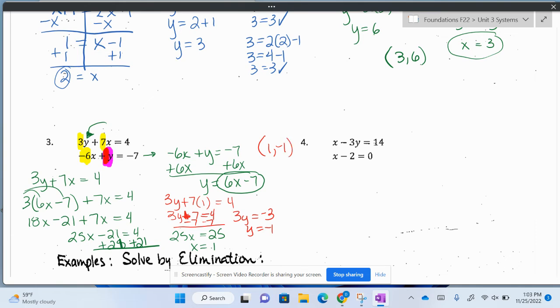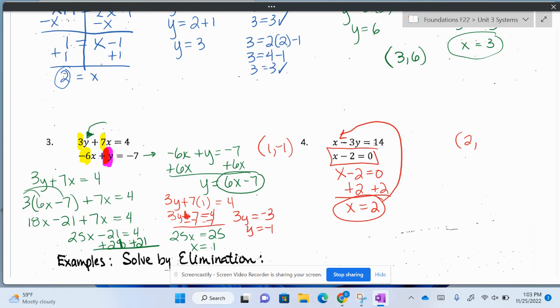All right, for example number 4, there is no y in this equation, so this is probably going to be the easiest one to solve. So I'm going to rewrite x minus 2 equals 0 and solve for x. So I add 2 to both sides. x equals 2. So that's the x coordinate of my ordered pair. And I'm going to take that and plug it right into the top of the first equation.